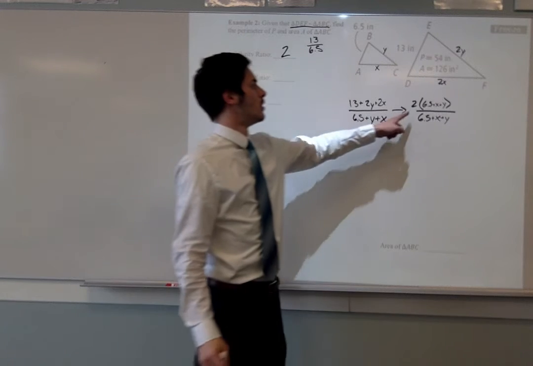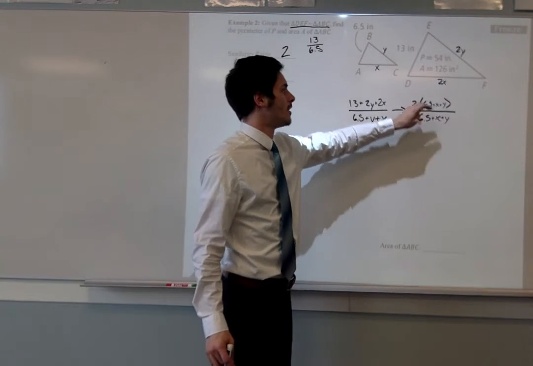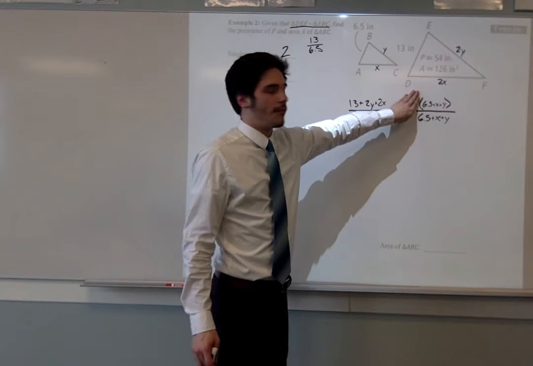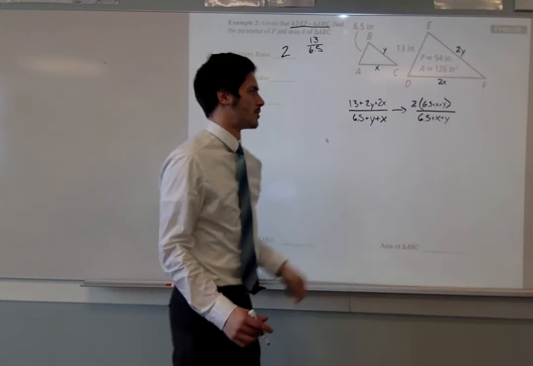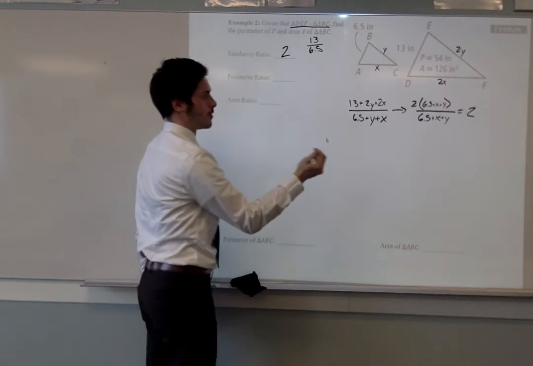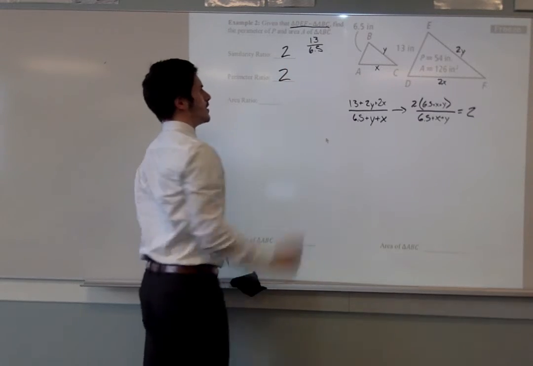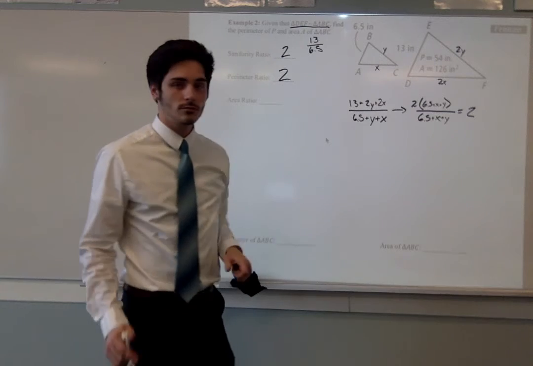So we have 2 times 6.5 plus x plus y over 6.5 plus x plus y. If we cover up that 2, that fraction we know will equal 1 every time, so we are left with just a 2. And so our perimeter ratio is 2, and I kind of just proved it to you right there why it's going to be 2 every time.